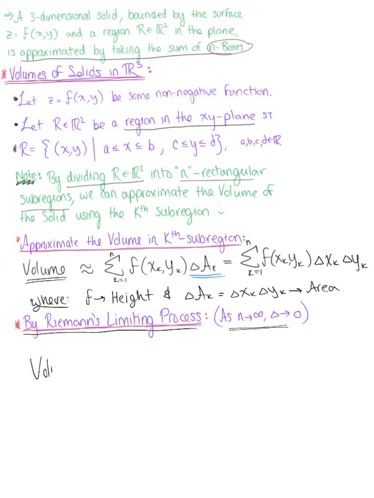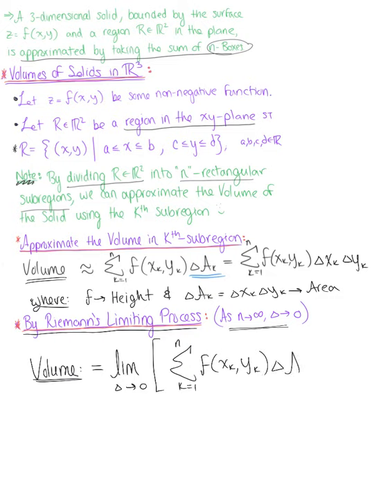So the exact volume here we can say is equal to the limit as the partition norm approaches 0 of the sum from k equals 1 to n of our height, that f of x sub k, y sub k, multiplied by the change in the area of that kth subregion. And this produces a double integral.